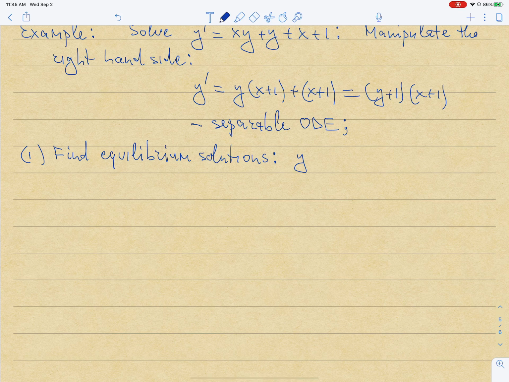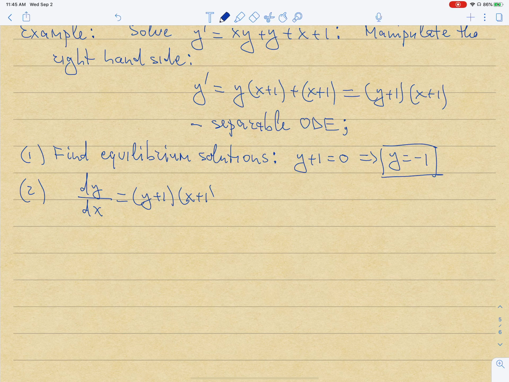We need to set y plus 1 to be 0, so y equal to minus 1 would be the only equilibrium solution that we got here. And then number two, separate variables and solve. So in this case, dy over dx is y plus 1 times x plus 1.